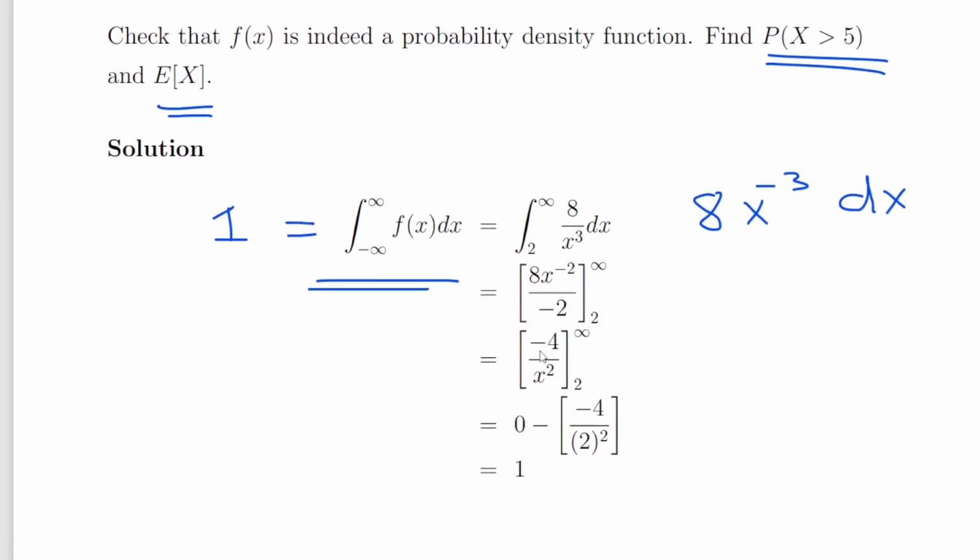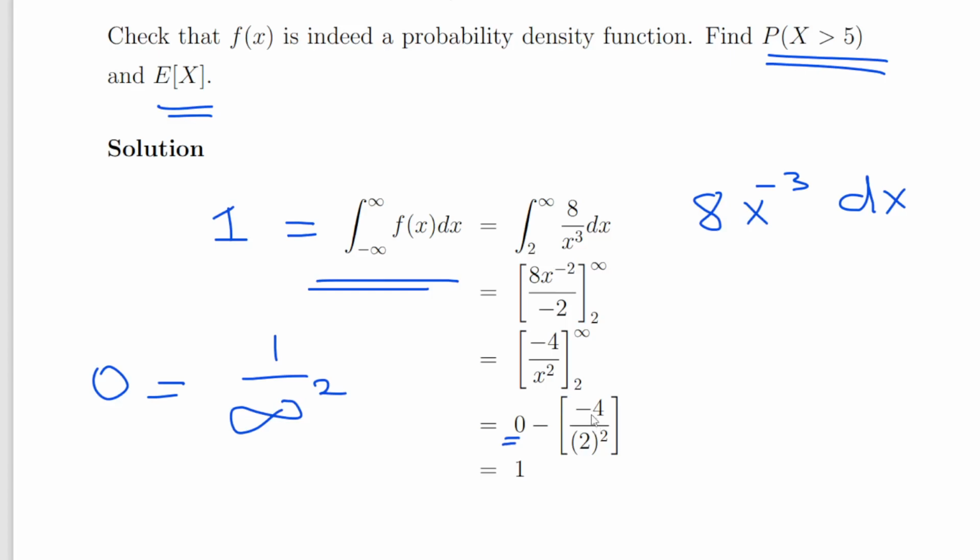So when we have 1 over x squared, where x is infinity, 1 over infinity squared is essentially equal to 0. Never mind the minus 4, you can disregard that. So when we evaluate the upper limit, infinity, we have 0.